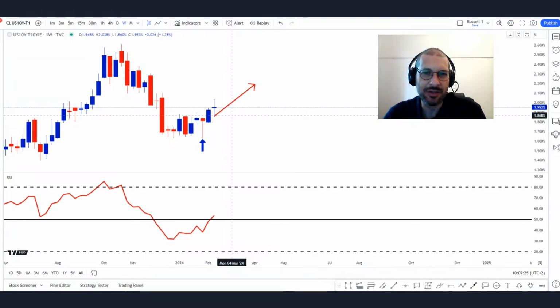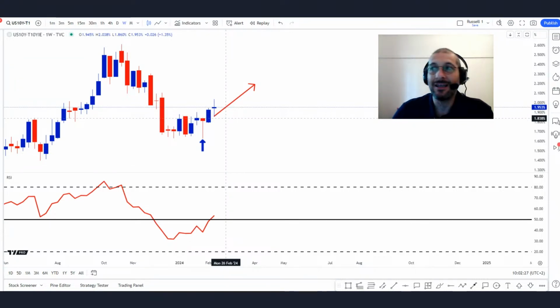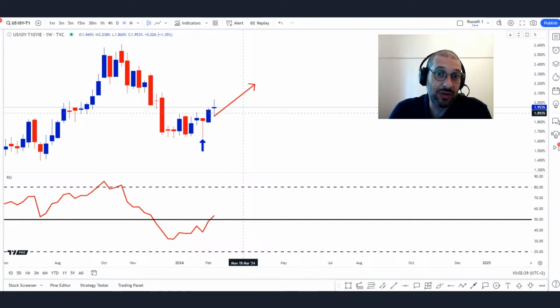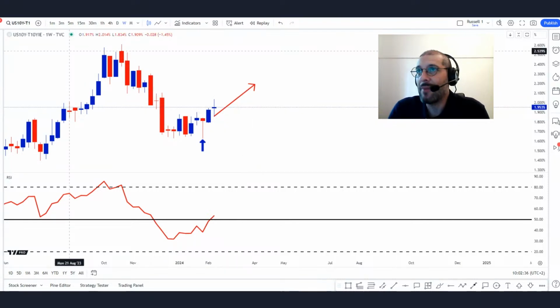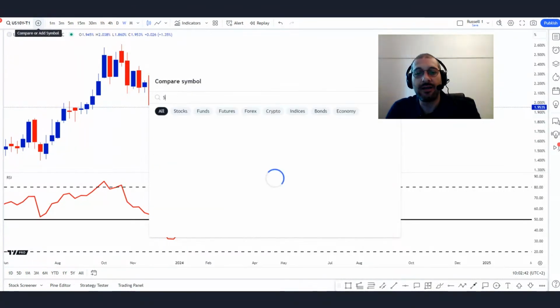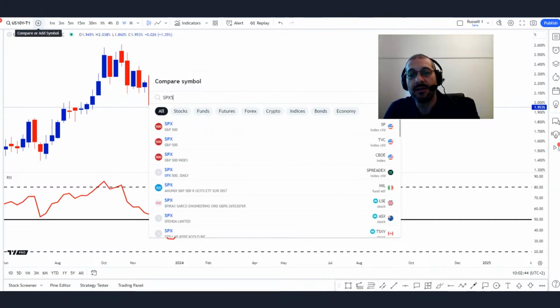They're more potent, I suppose, than the drag. But ultimately, the yields will drag. They'll serve up as a headwind. We took a look at it last week, so we'll just put in the S&P 500 again underneath. I'll take a look at euro in a moment, but you can see S&P 500.